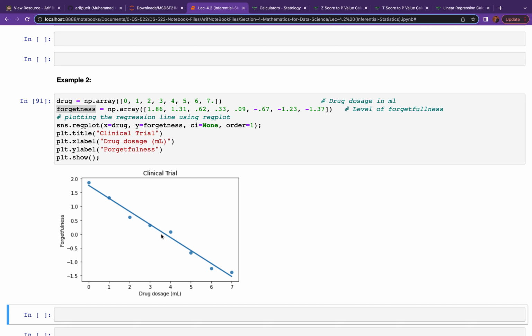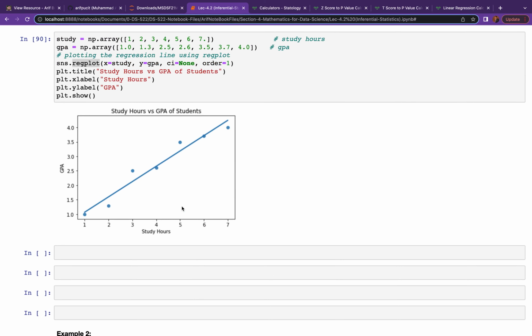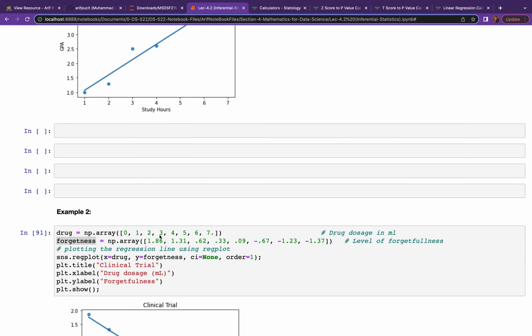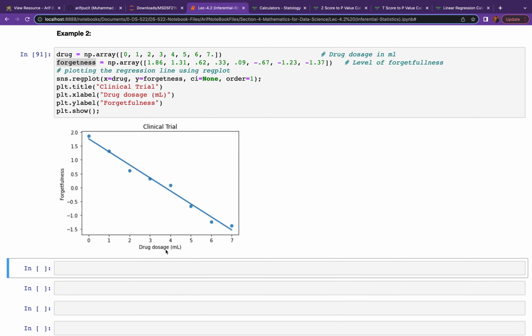My dear students, another point to keep in mind is that both these examples, this one and this one as well, are of simple linear regression where we have only one independent variable, which is the study hours in this case and the drug dosage in this case. We can of course have more than one independent or feature or input variables on which this output variable depends.